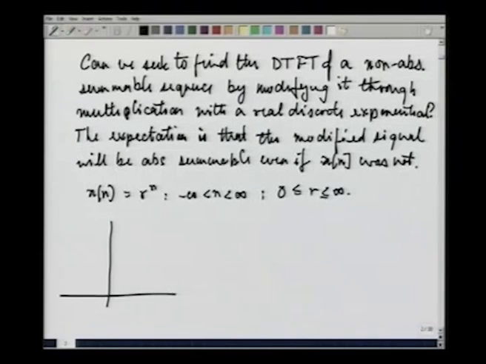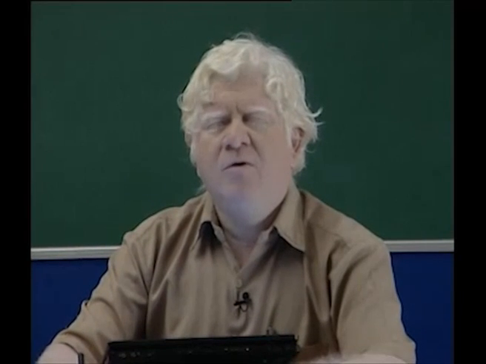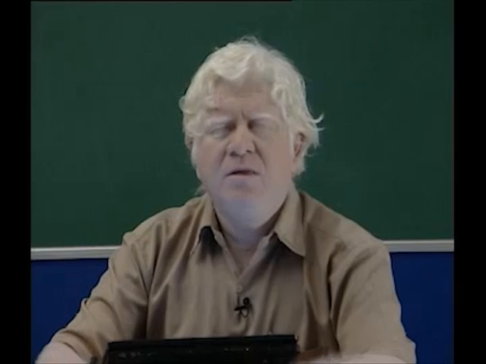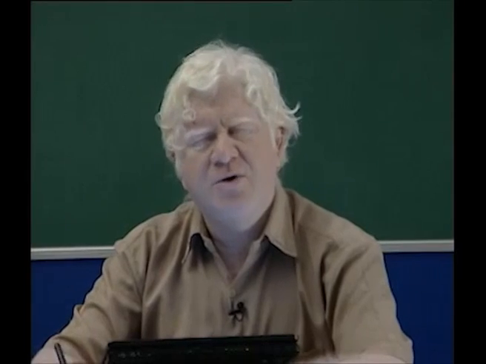First, for r greater than 1, you have r to the power n. So, at n equal to 0 this will be equal to 1, and for positive n it will increase rapidly, for negative n it will decrease exponentially.